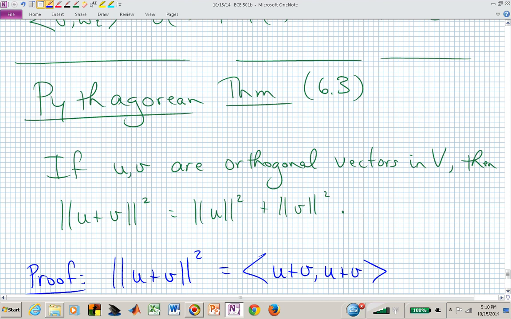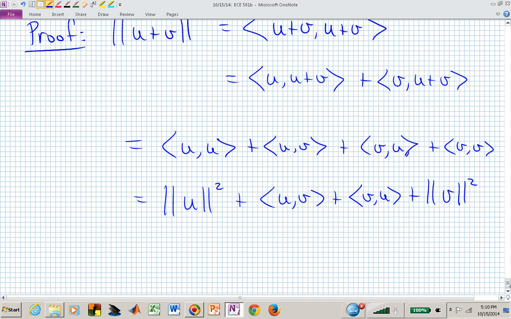We didn't say what the inner product was, but we know they're orthogonal, and so that tells us what this inner product is.